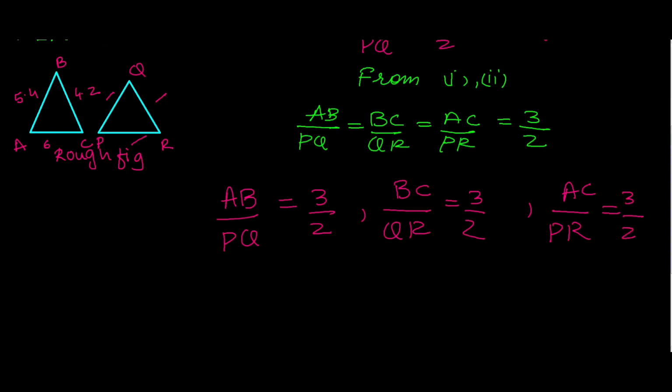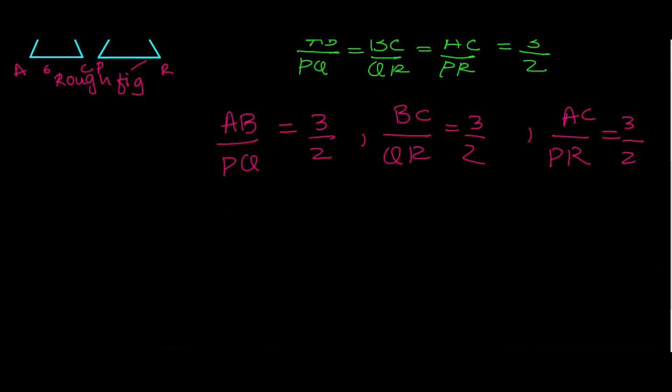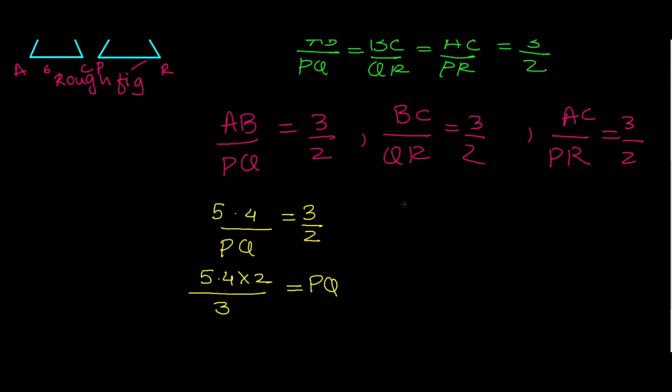So right now what we are going to do is place the values of AB, BC and AC in this. We know AB is 5.4 centimeter, PQ we don't know, and 3 upon 2. So by cross multiplication, 5.4 into 2 upon 3 is equal to PQ. Similarly for BC, we know it is 4.2 centimeter upon QR equals 3 upon 2.